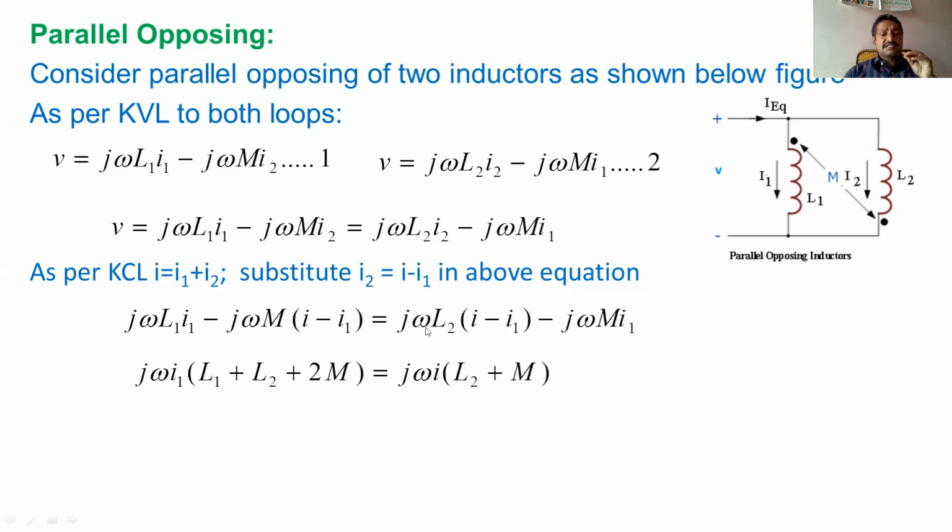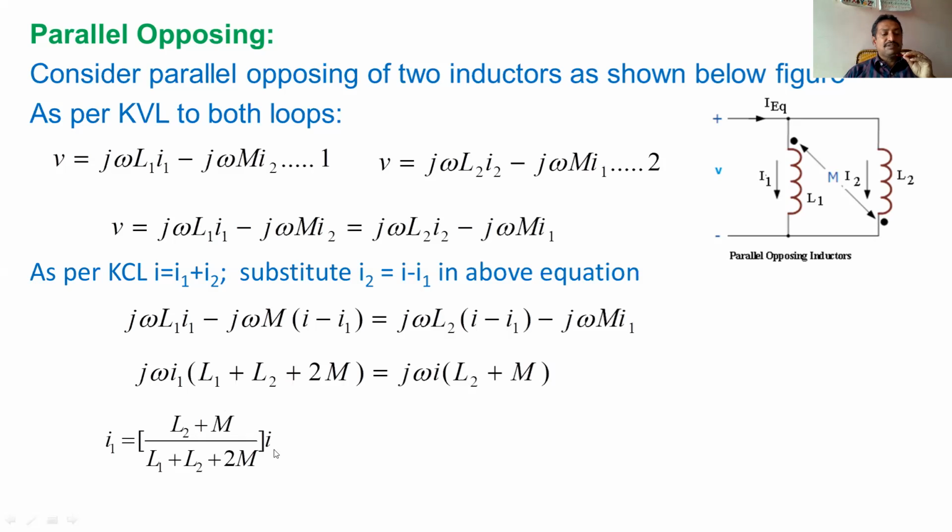Again, this L2 will go as L2. On this side, it comes back as plus L1 plus L2. What is the remaining term? I. So j omega into L2, and minus will come back on the right side of the equality, so it becomes plus L2 plus M. And j omega gets cancelled.